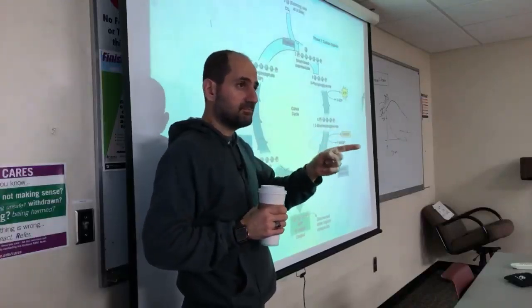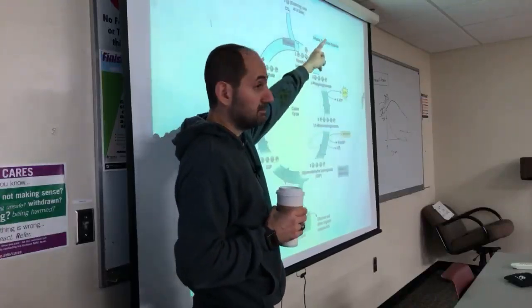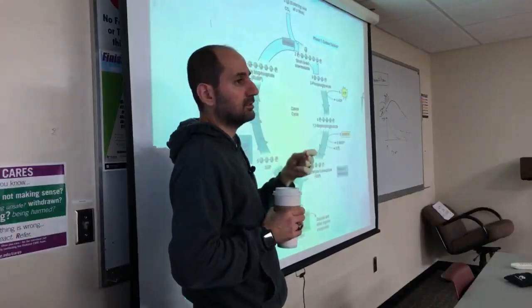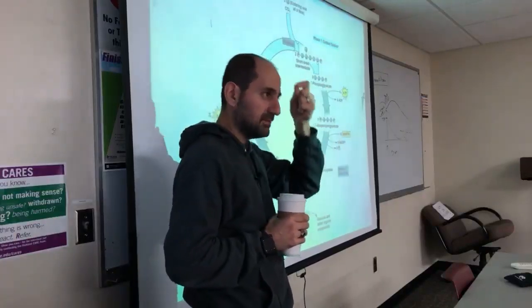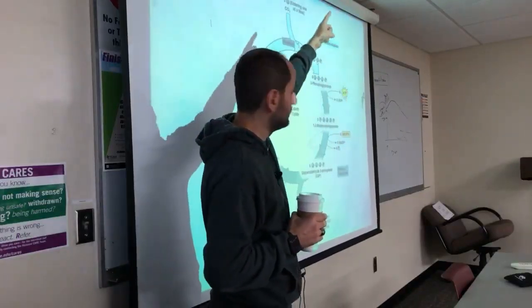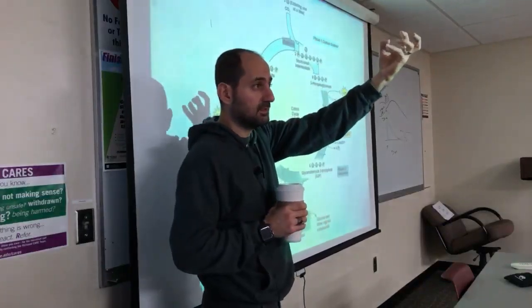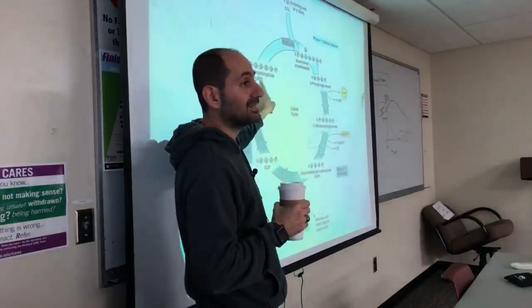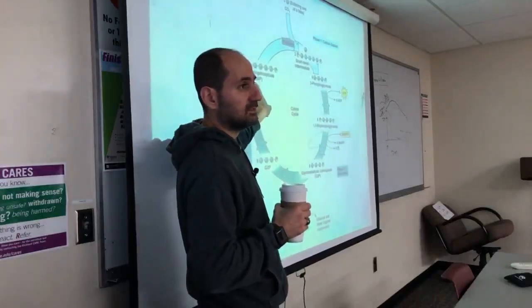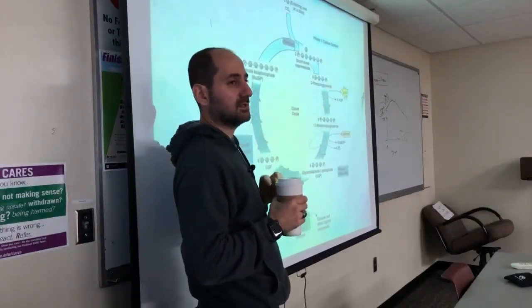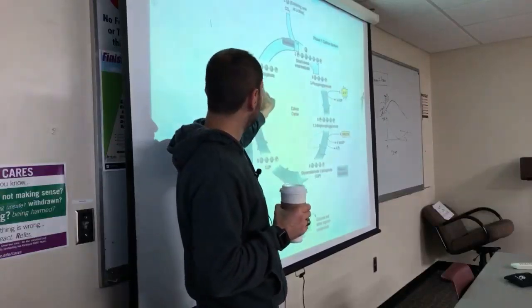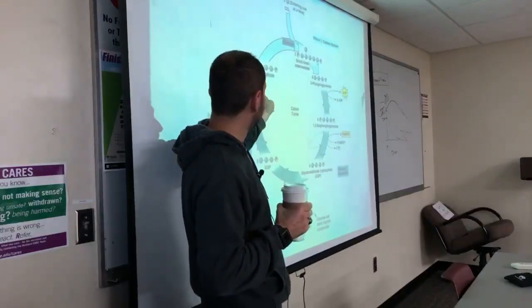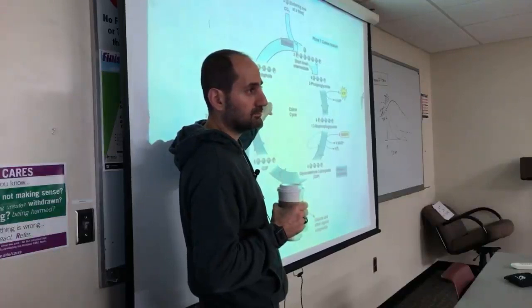Rubisco is an enzyme. It's the enzyme responsible for carbon fixation. What does that mean? In this case, it means taking CO2 from gas form and fixing it, joining it to the carbon dioxide acceptor. This organic molecule will accept the carbon dioxide, right? And that is called ribulose bisphosphate. The short for that is RuBP.